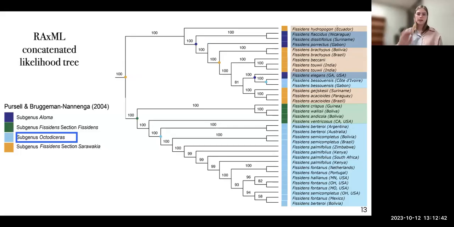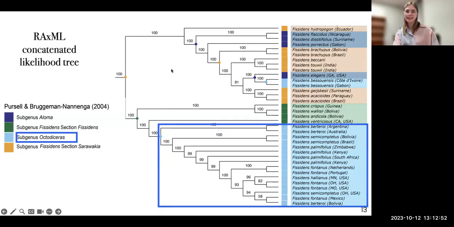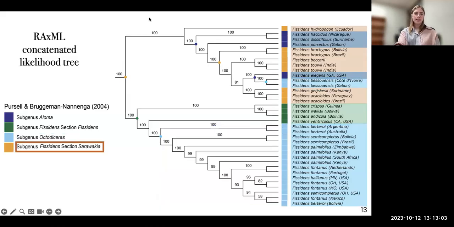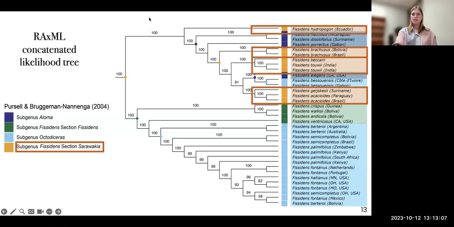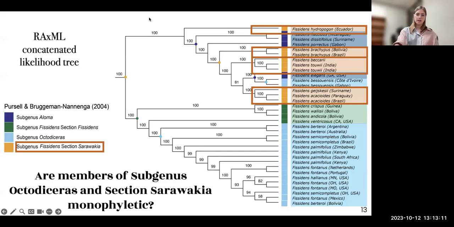If we zoom in and look at where subgenus Octodoceras came out in the light blue, you can see most of it came out together except for this one species, Fissidens besuiensis, so a little bit odd. The second group, section Sarawakia, came out in 4 different spots.